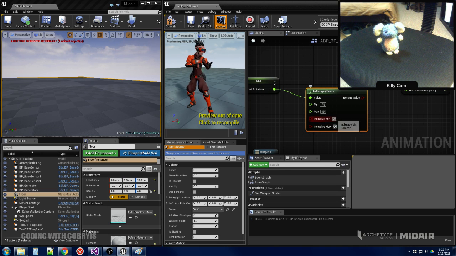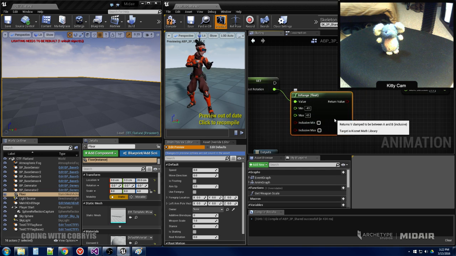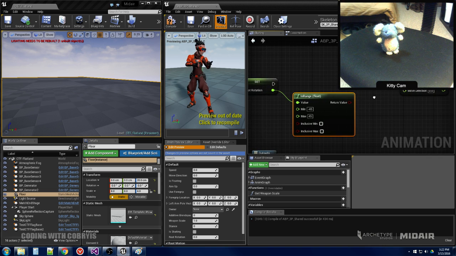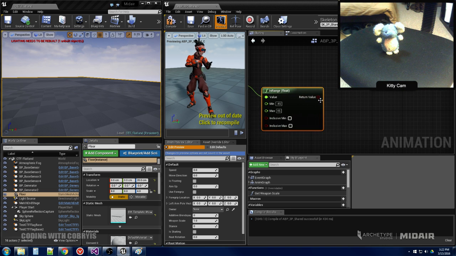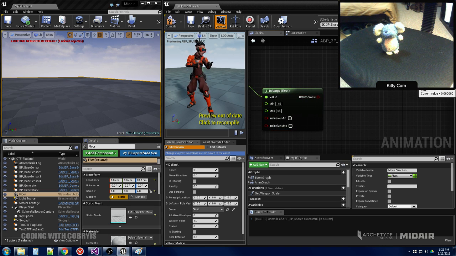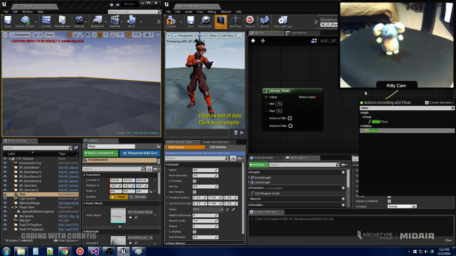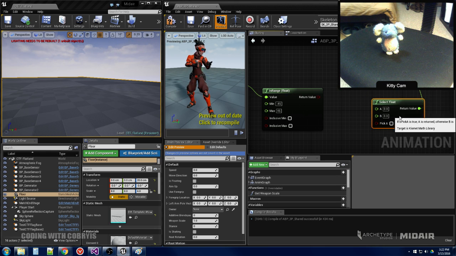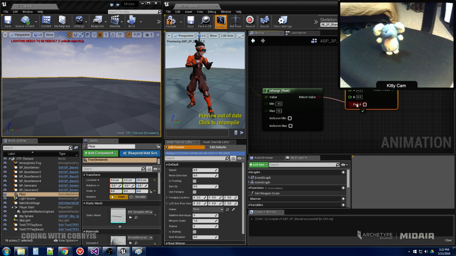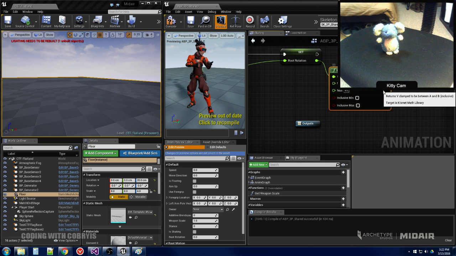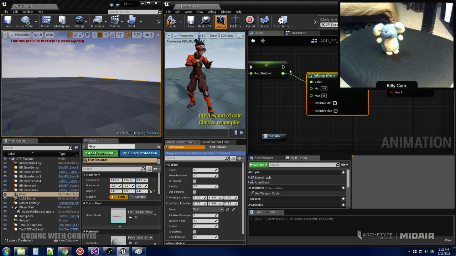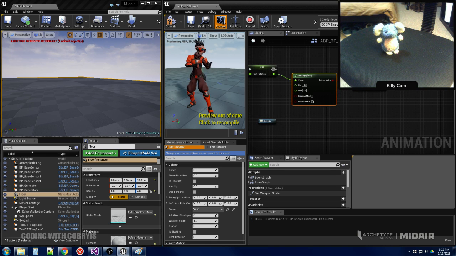Inclusive, exclusive. We'll do exclusive. Alright. Now we're going to select a float. Select float. Alright. So if we're within -45, 45, as I said before, we'd pick 0.